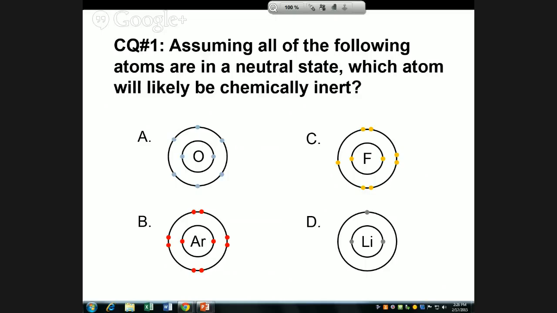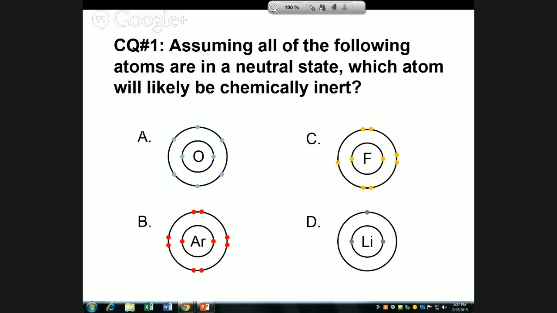Okay. Now, in choice A here, it looks like there's a nice even distribution of electrons, and it would suggest that it's full. But in fact, there's only 6. It needs to be 8. With C, there's 7. D only has 1, and B, the correct answer here, there are 8.